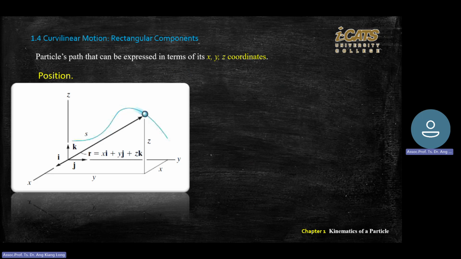Recap of your vector. Your R in 3D, you can represent as xi plus yj plus zk, right? There are different presentations in the textbook, but in your answer you can use i, j, and k, either with arrow or without arrow, with a dot or without dot.